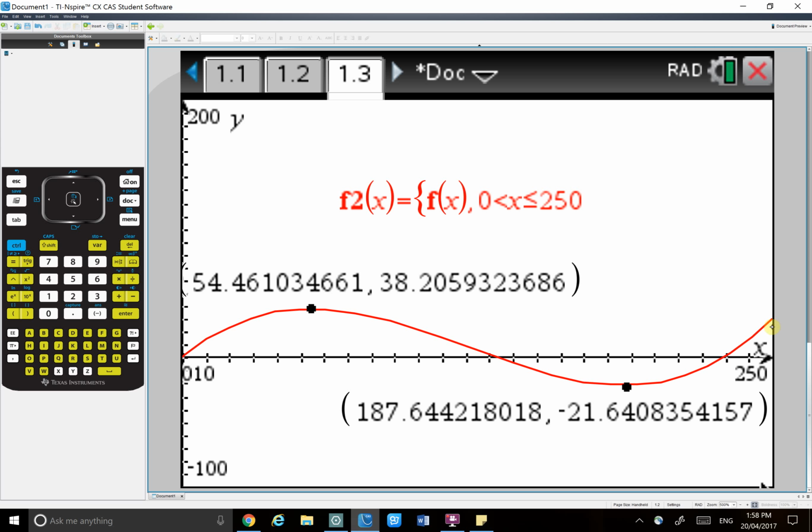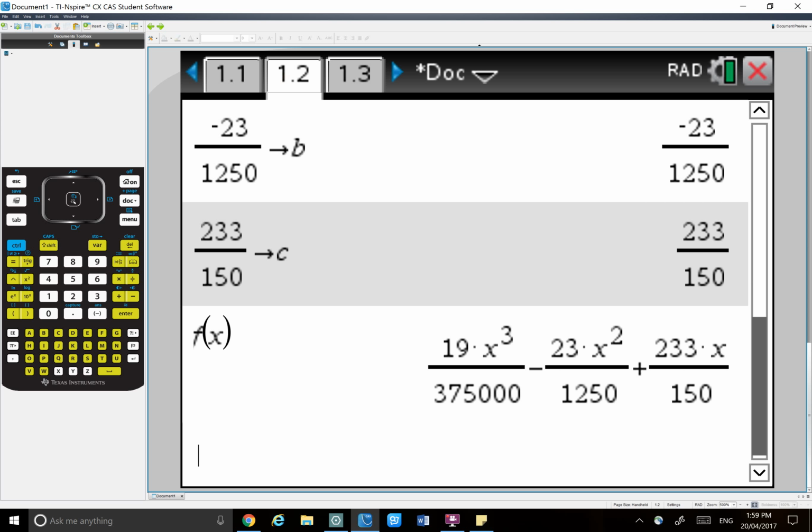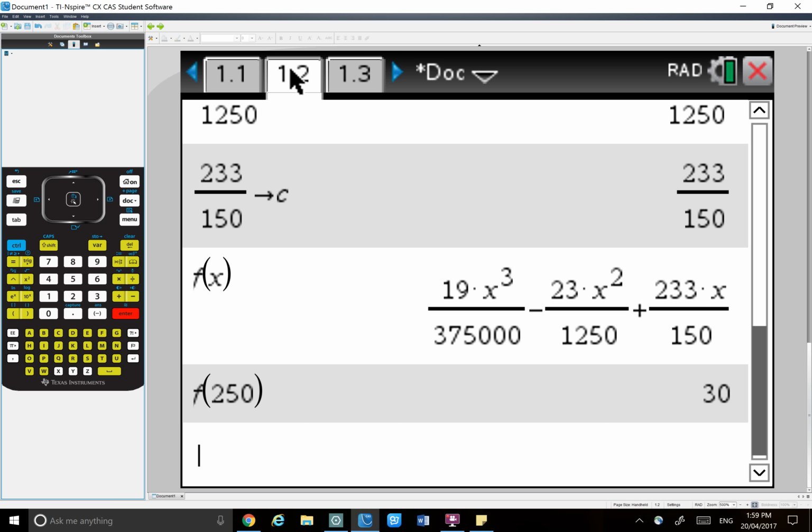Let's have a look at what happened here. Let's have a look at the endpoints, whether the endpoint is greater or smaller than that point. What's the x value of the endpoint? 250. Then let's say f(250). It's really convenient if you define it, you don't need to type the really large numbers. And that is 30.